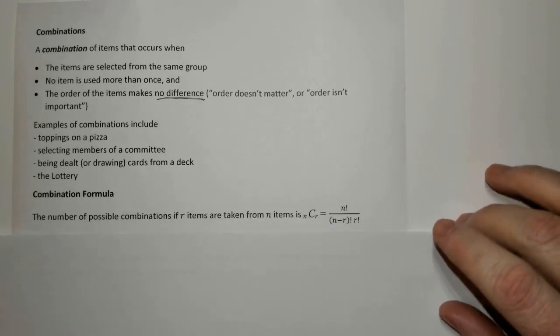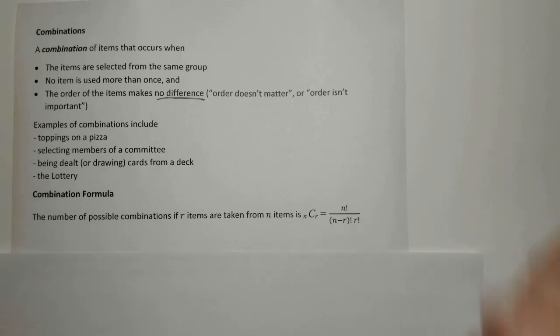We have a combination formula. The number of possible combinations if R items are taken from N items is NCR, and there's the formula. Of course, N factorial is the operation where you multiply all the numbers less than that down to 1.